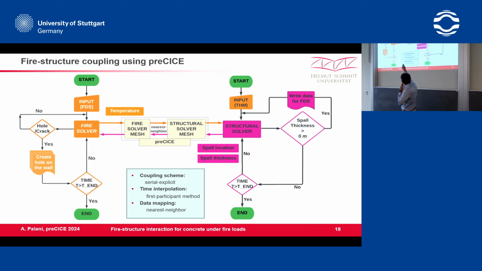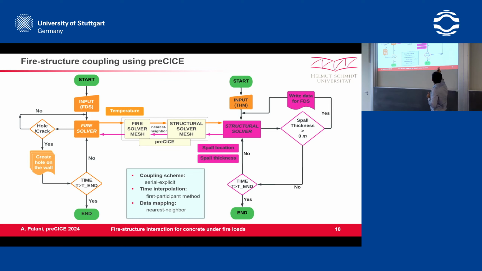So it will start with FTS, which is the fire simulation. We basically give the input, the fire solver solves for the temperature, and then it gives it to preCICE. preCICE gives it to the structural solver, and the structural solver solves for the thickness of the hole, or the spalling thickness we call it, but in general it is the depth of how deep the hole is being created.